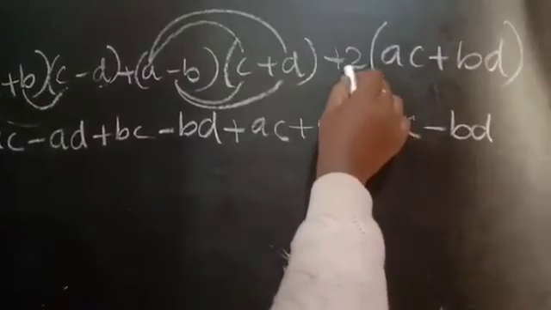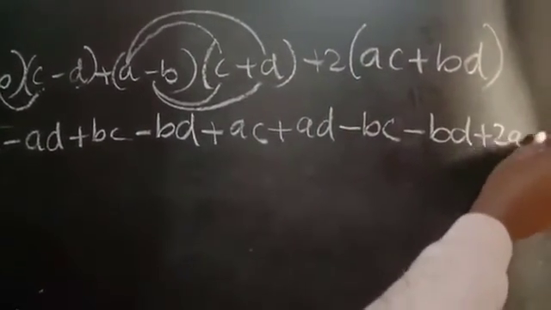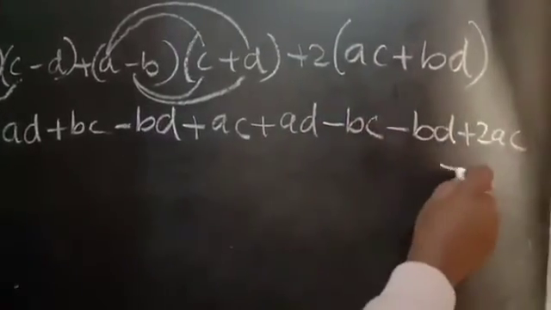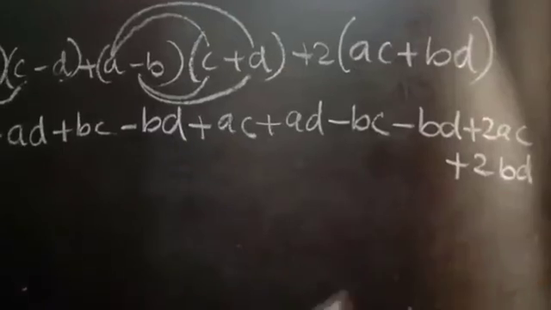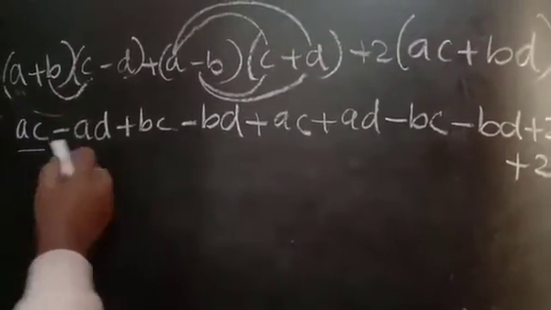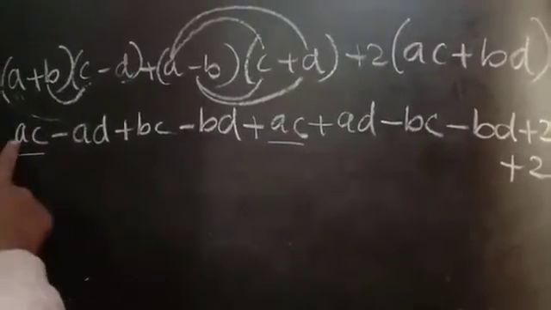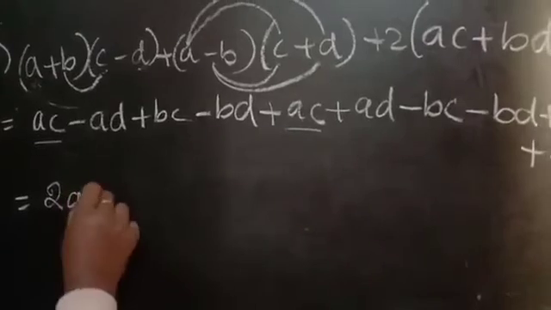Again the third one is plus 2 into ac, plus 2ac. Again plus into plus, plus 2 into bd, 2bd. Now we will check the same terms. We have the ac term here, again ac. So plus plus we add.